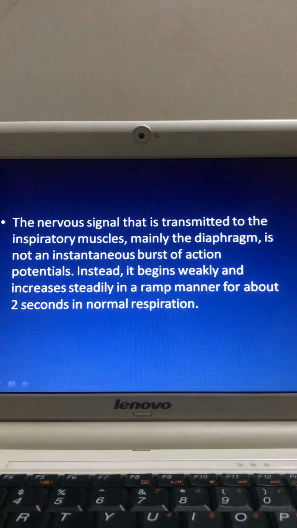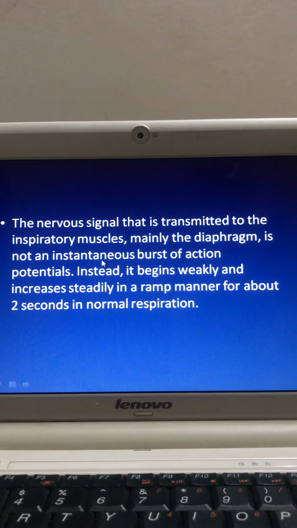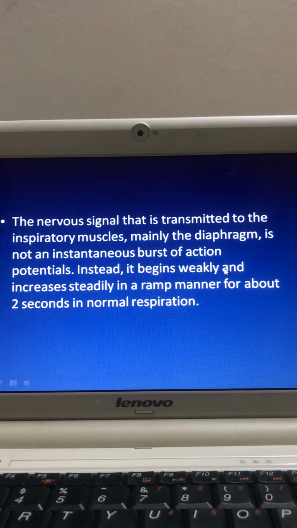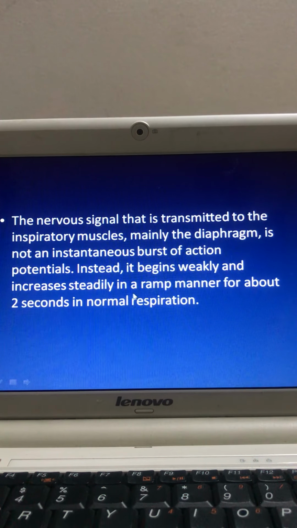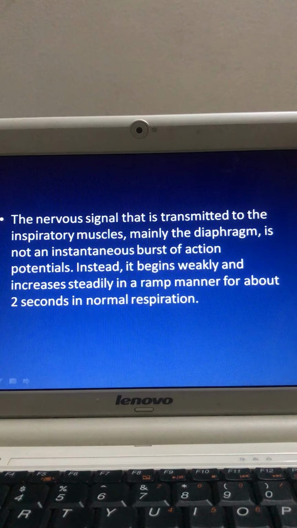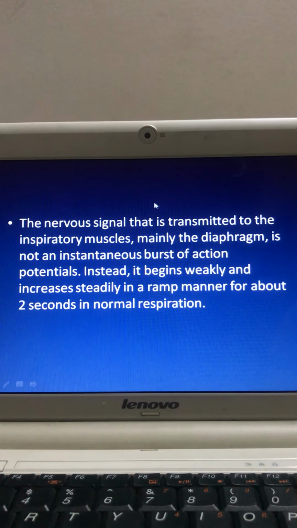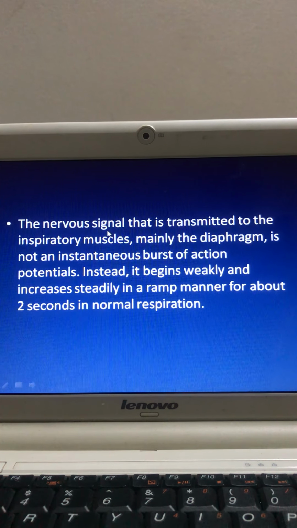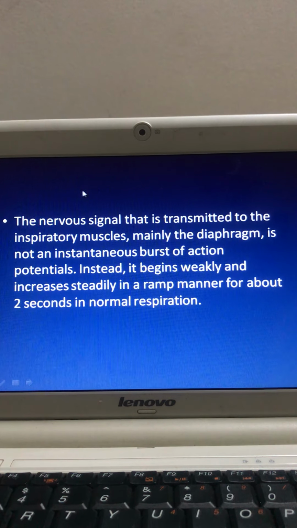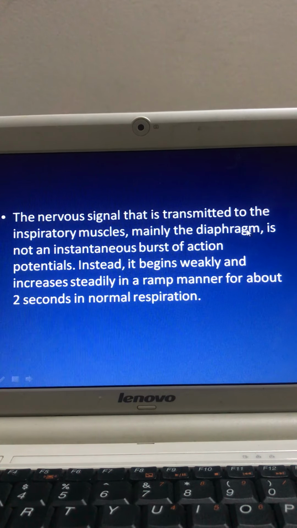The nervous signal that is transmitted to the inspiratory muscles, mainly the diaphragm, is not an instantaneous burst of action potentials. Instead, it begins weakly and increases steadily in a ramp manner for about 2 seconds in normal respiration. You know that the basic rhythm of respiration is in the dorsal respiratory group of neurons, but you must know the pattern of transmission of impulses from this group to the inspiratory muscles, mainly the diaphragm.